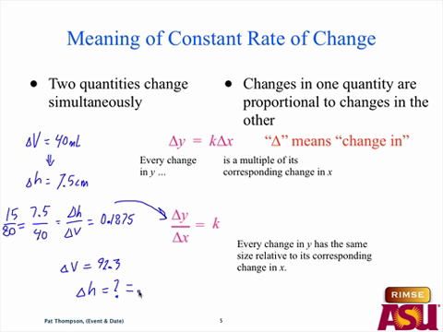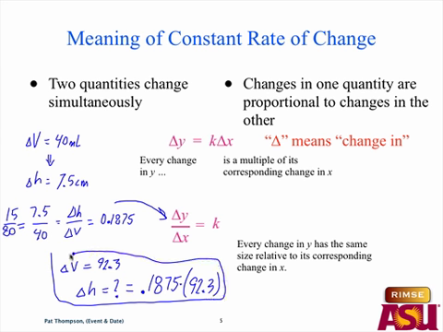Yeah, so changes in height are always 0.1875 relative to change in volume. It's that much of a change in volume. So you multiply. Okay, so this then is an application of this one. Given a change in volume, we want that much of that change in volume to get the new change in height.